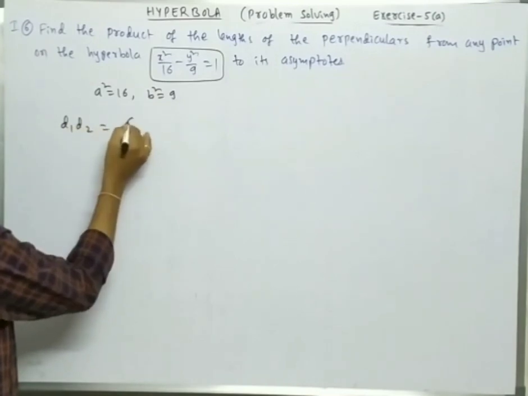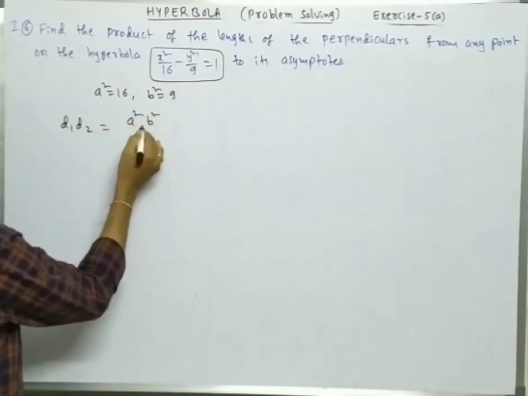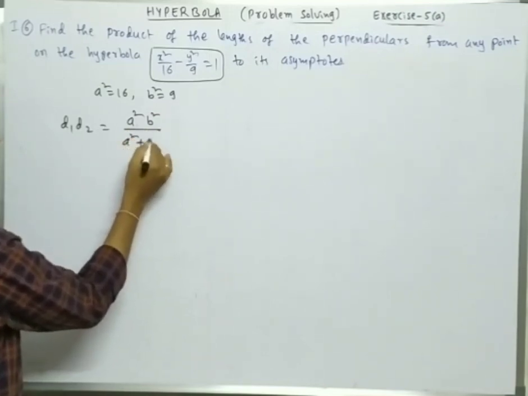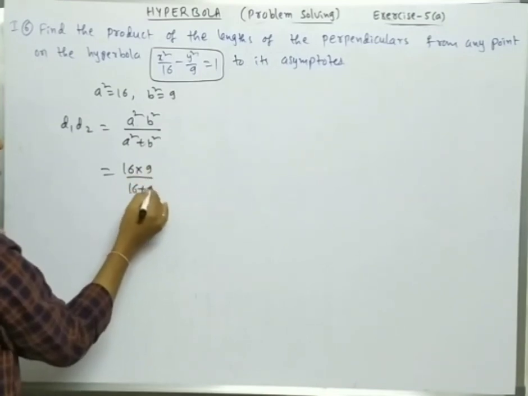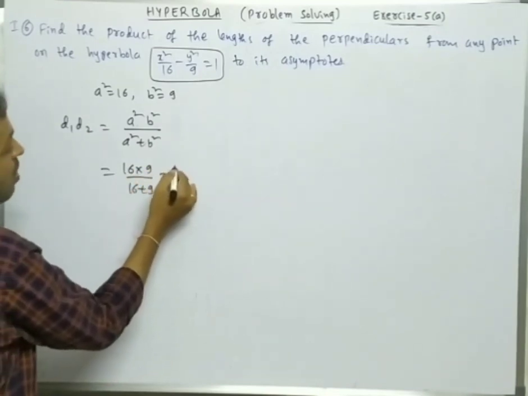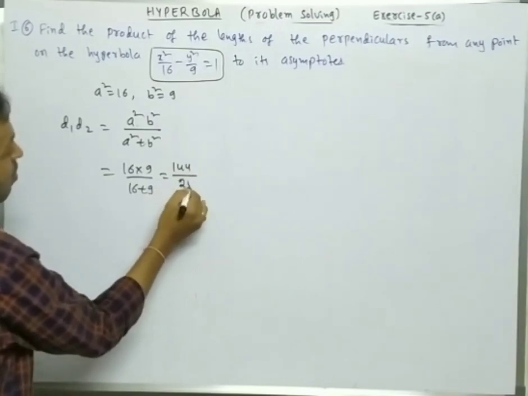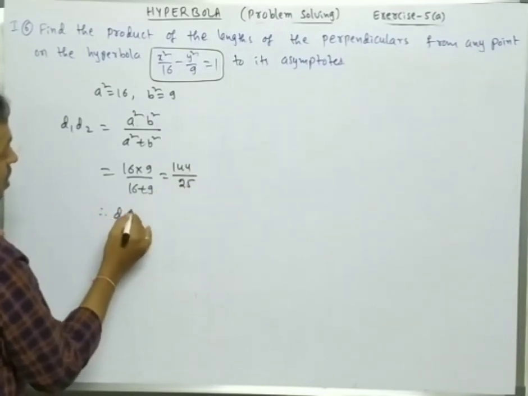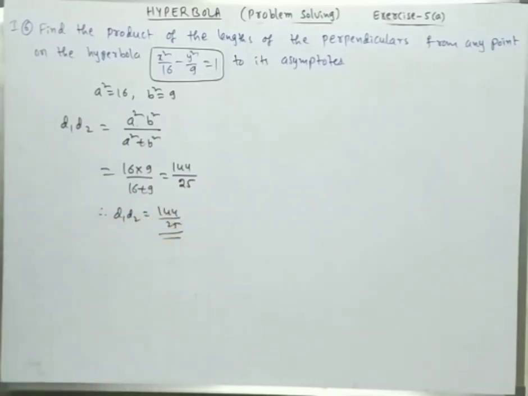Just now we discussed d1 d2 is equal to a square b square by a square plus b square, which is 16 into 9 by 16 plus 9. 16 nines are 144, by 25. Therefore their product is 144 by 25. A simple problem, but the formula is the key point to solve it.